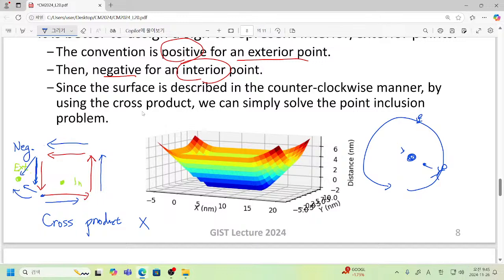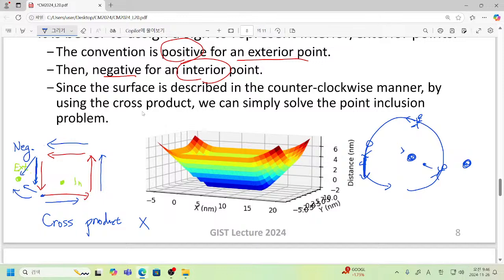If you are coming here, still you have left. And even in this case, your movement direction is here, and always left and left. However, if your point is somewhere here, then in some parts you will find that this one becomes just a right side point.